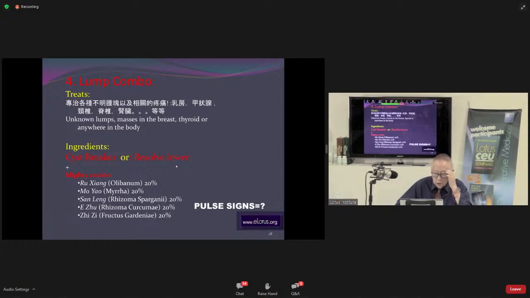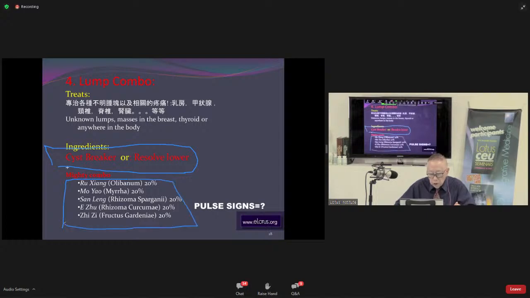The resolve lower is kind of the same thing. I believe this is the same thing. You can put them all together with mighty combo, which we talked about in the last class.